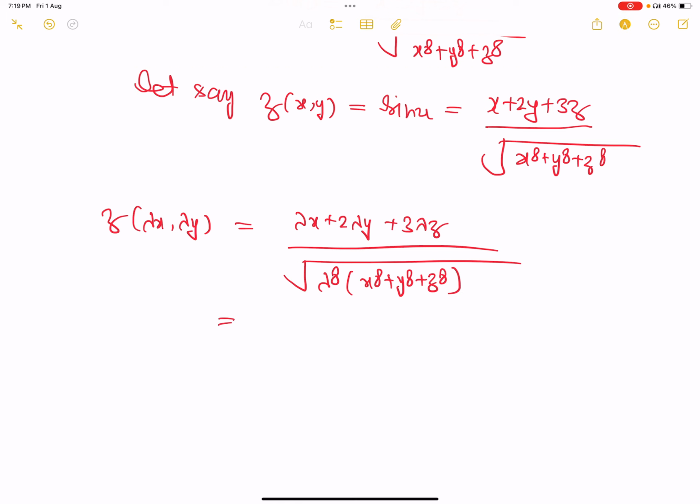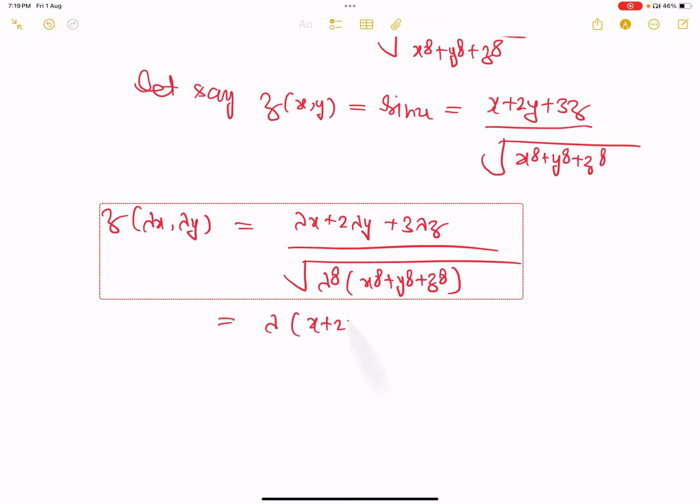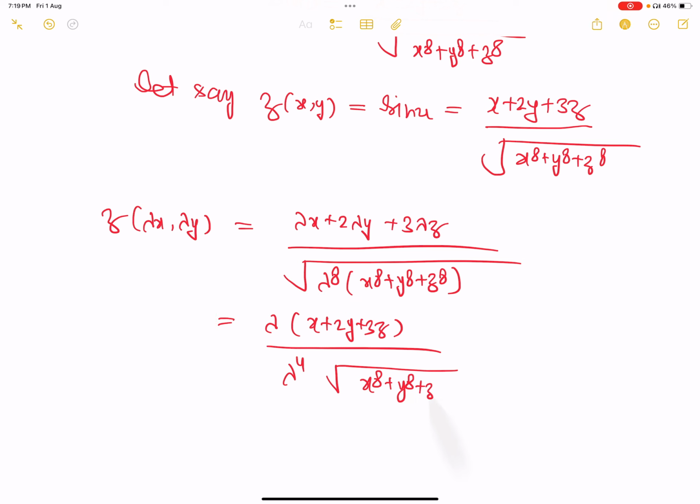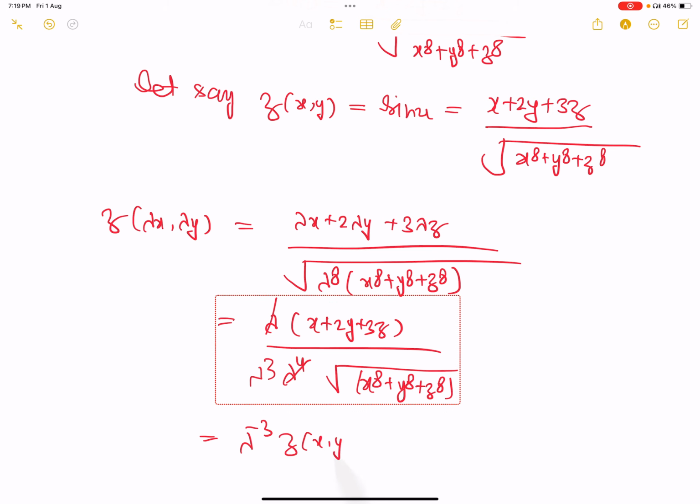So you can take common lambda to the power 4 out of the root. This cancels out three times, so we have lambda to the power minus 3 times z of x, y.